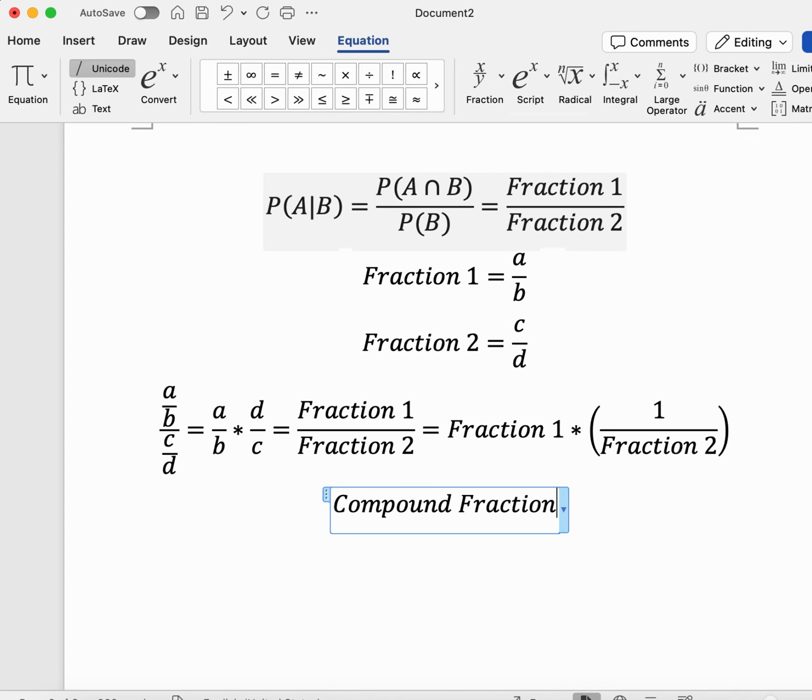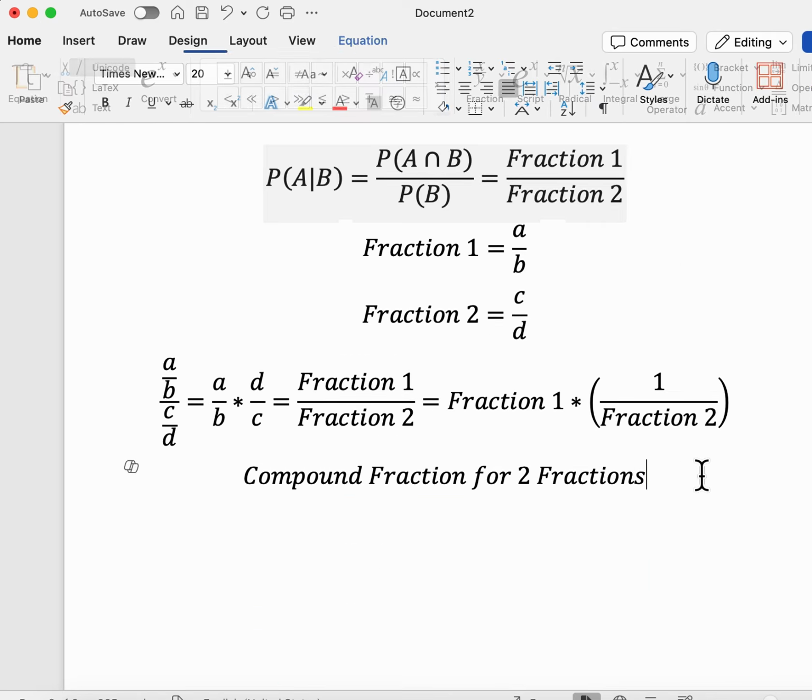Compound fraction rule for 2 fractions. Very useful, and you'll always use this.